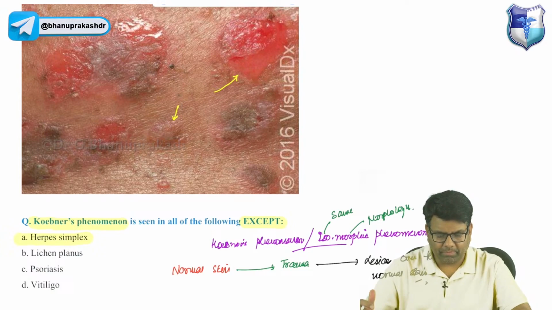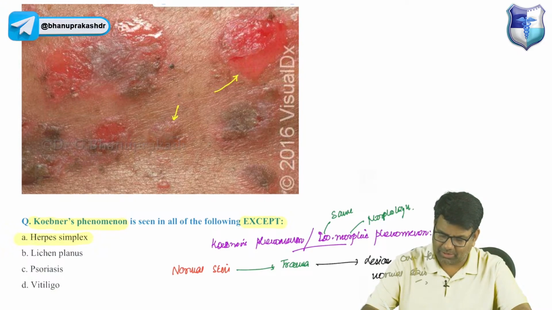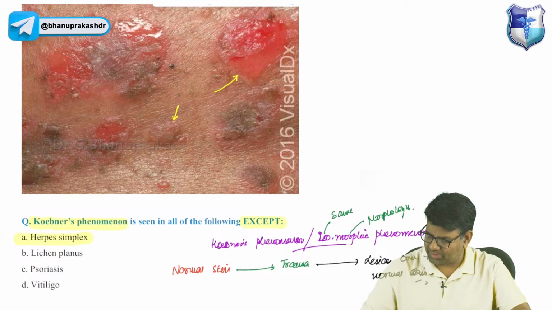Clear? So normal skin, trauma, and appearance of lesions of that particular condition, whatever is in discussion. So we have three conditions: lichen planus, psoriasis, and vitiligo. So suppose we are discussing psoriasis, it means there will be appearance of psoriatic lesions.